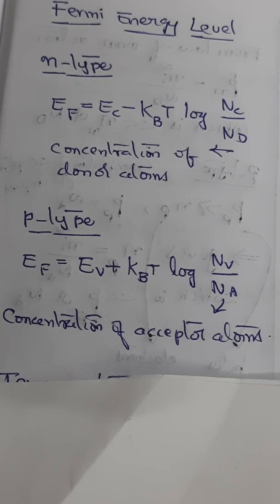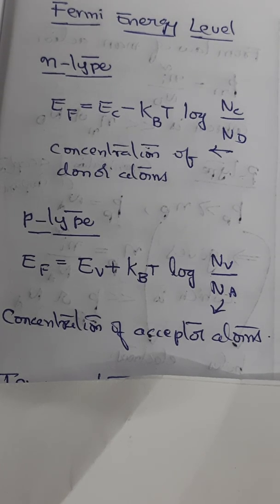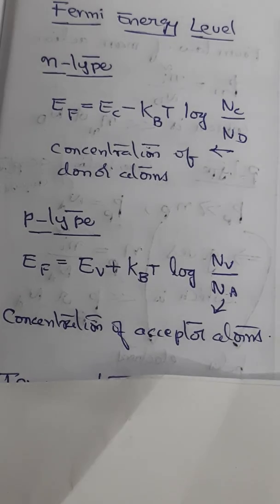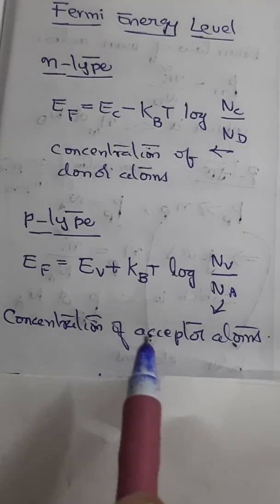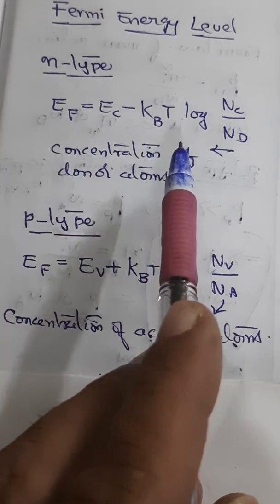So in that case, EC plus EV by 2, which is the value of Fermi energy level, is not applicable to extrinsic. EC plus EV by 2 is applicable only to intrinsic. Whereas in extrinsic, because you brought the concept of majority and minority, the formula varies a little bit.